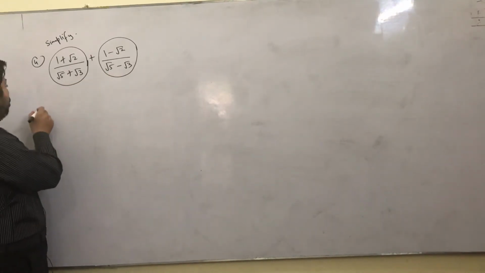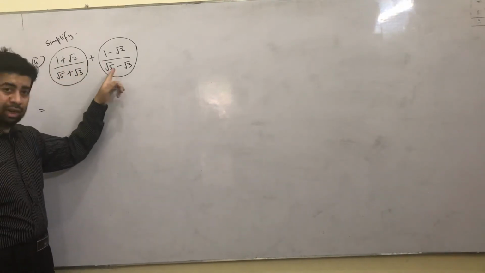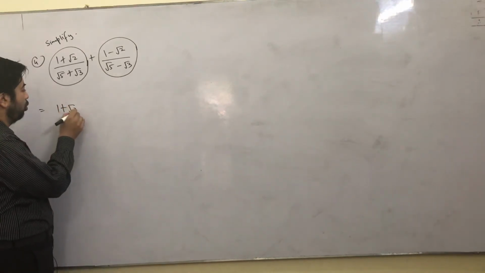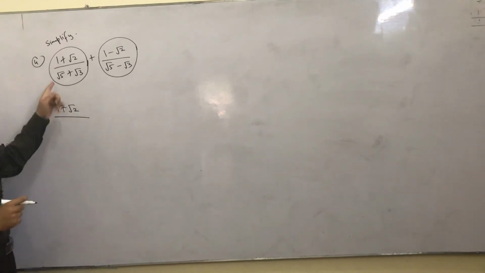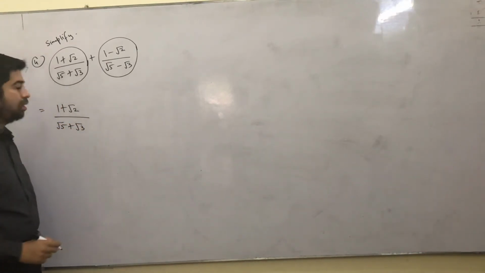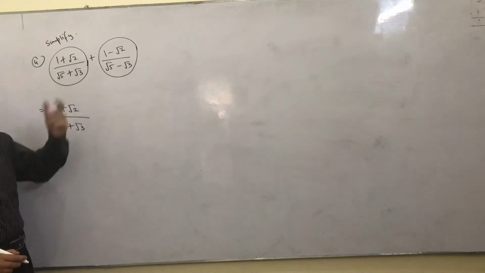So what you have to do now is make it rational, you must make this thing rational itself. So 1 plus under root 2, and in the denominator square root 5 plus square root 3. How can we make this denominator rational?